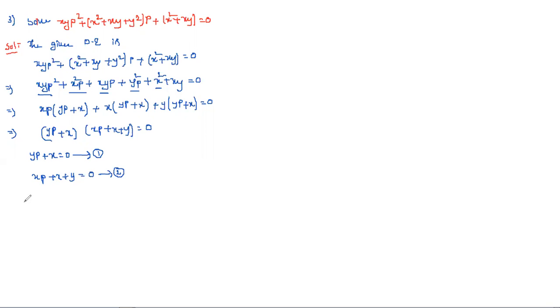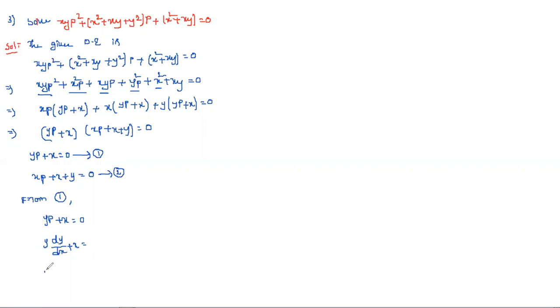Now we need to find solutions for these differential equations. So for that, I am taking the first equation. From 1, yp plus x is equal to 0. So p is nothing but dy by dx. So y into dy by dx plus x is equal to 0.